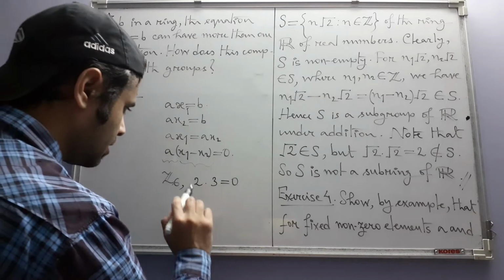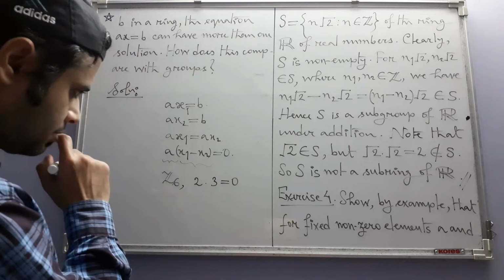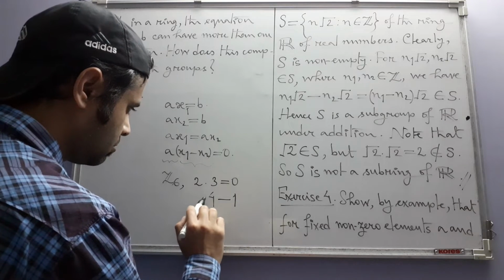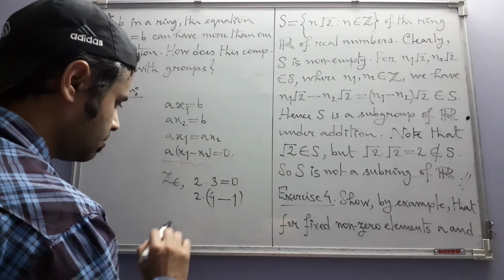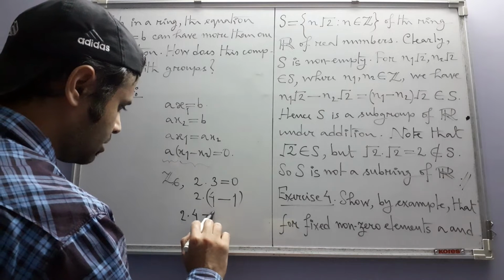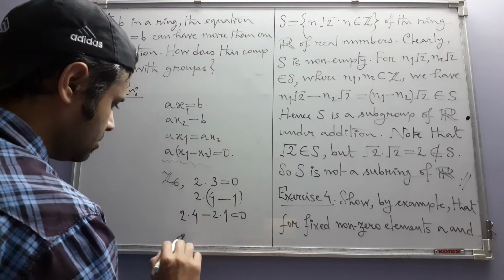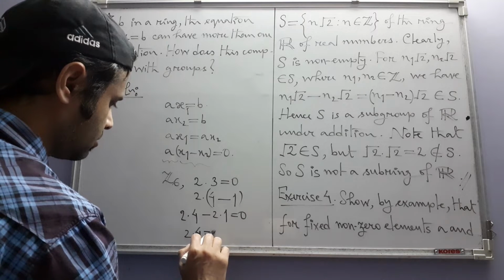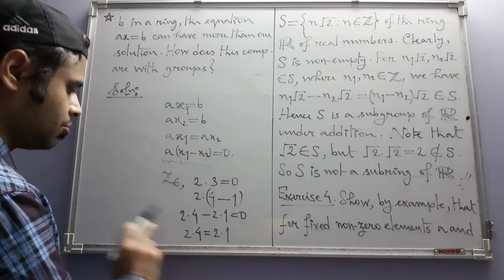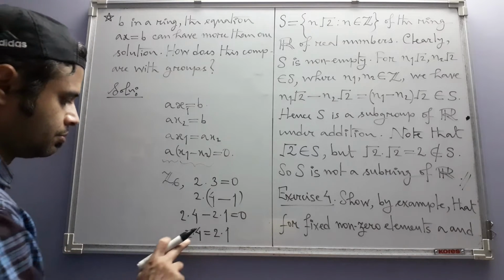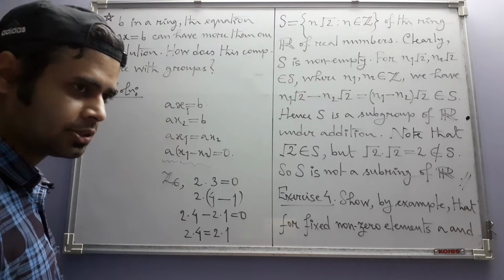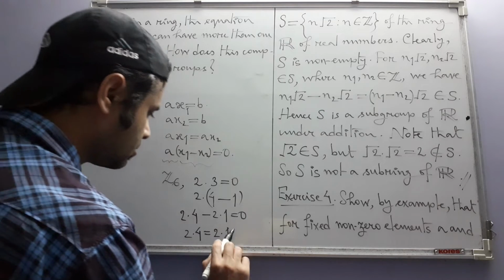Okay. Now this 3 can be written as what? 4 minus 1. So 2 times 4 minus 2 times 1 is equal to 0. So 2 times 4 is equal to 2 times 1, and both of them are equal to 2. 2 times 4 is 8, but when we divide 8 by 6, the remainder is 2.